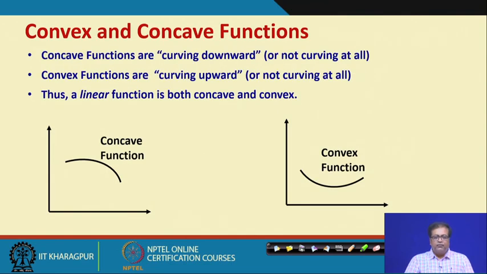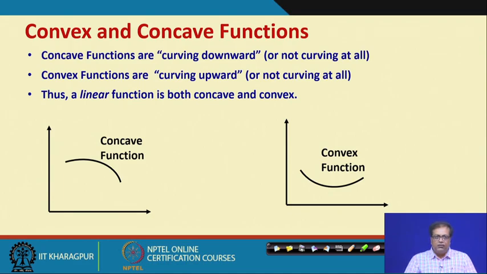Now, a very important consideration is the convexity and concavity of functions, right. As you can see here, there are two examples, concave functions and convex functions. Concave functions are curving downwards, whereas convex functions are curving upwards or not curving at all. In that sense a linear function can be considered both concave as well as convex, because it is neither curving downwards nor curving upwards.